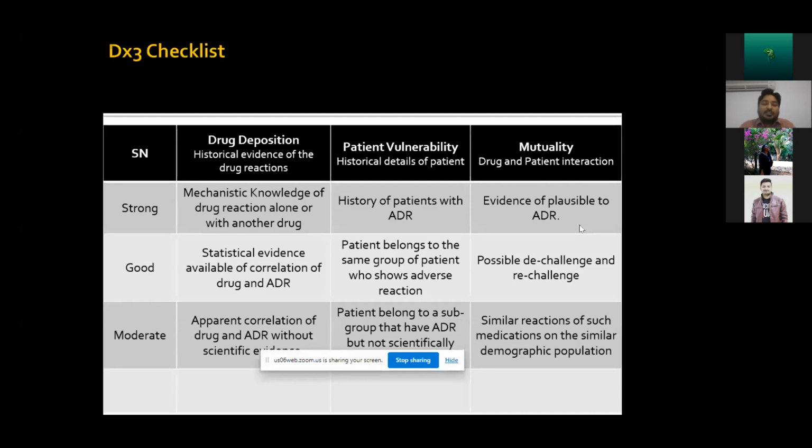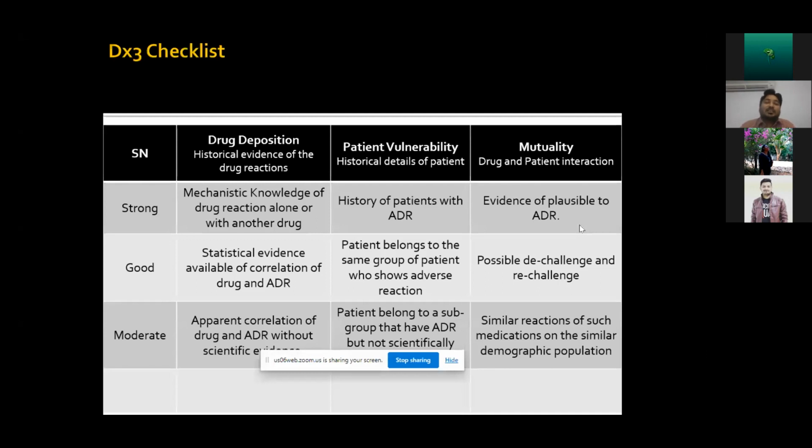So the idea of this scale revolves around keeping the patient in the center while assessing the drug and event causal association. The scales like Naranjo's and WHO-UMC and other scales of assessment were keeping the drug in the center, and they were checking the drug's effect on the other factors.